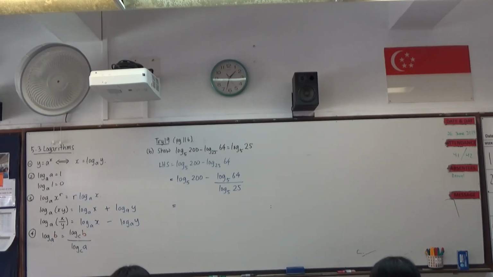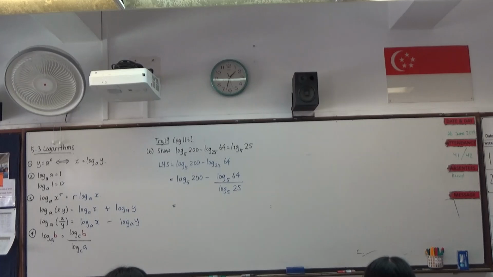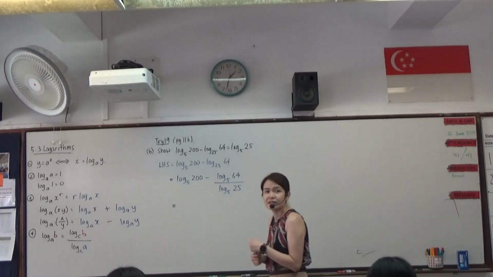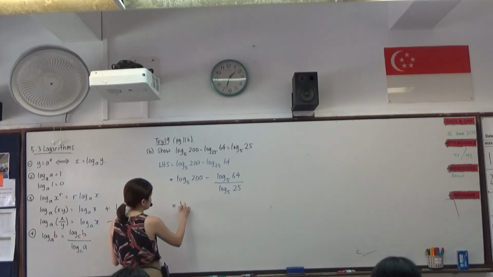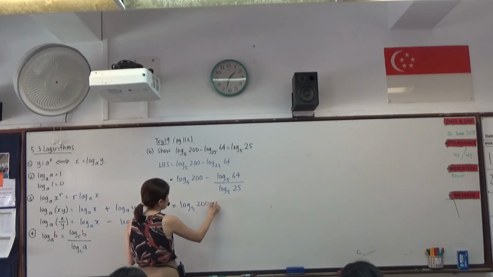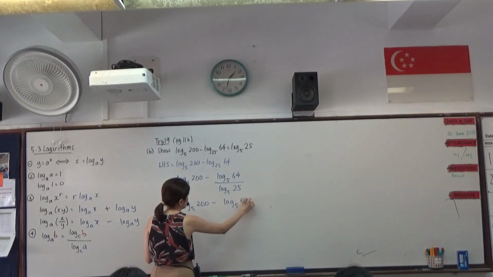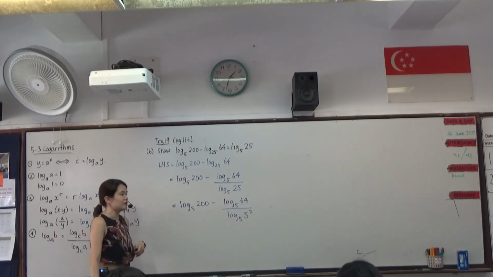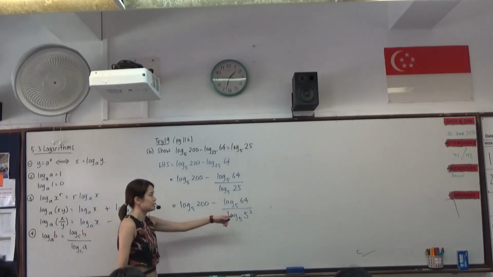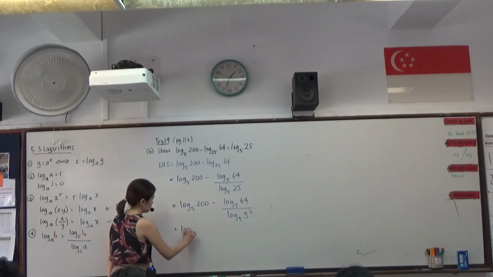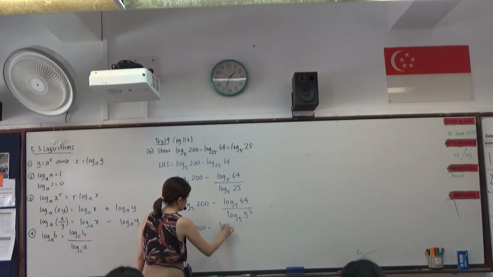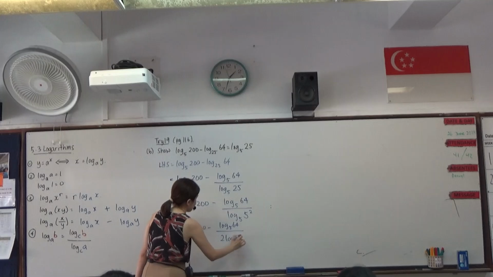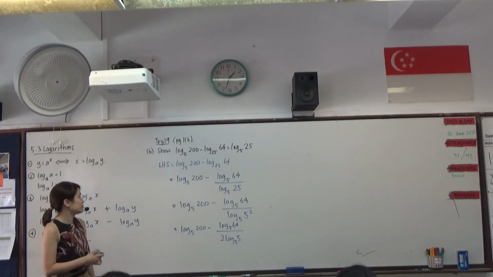Let's tackle the easy part of the question first. Okay? 25, if I change it to a base of 5, what is it? 25 is 5 squared, right? Okay, when you have 25 expressed as 5 squared, you can bring the 2 down, for which we have log 5 base 5, and that is 1.